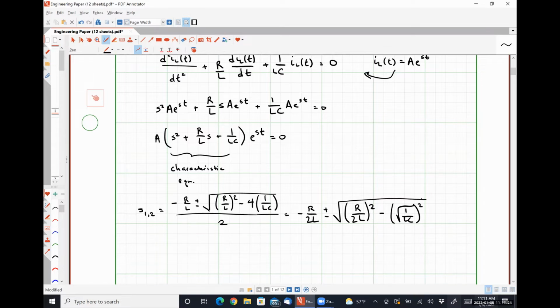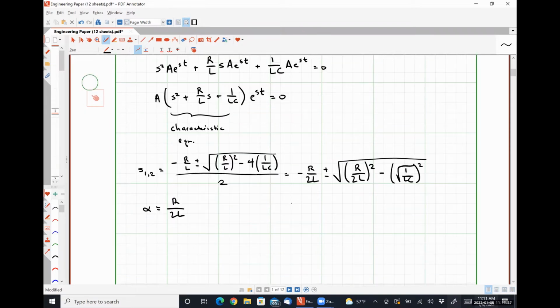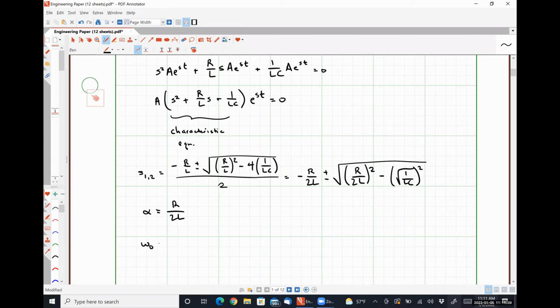So I've effectively made it look like the same form. We can easily identify then that for our series RLC circuits, alpha is simply R over 2L, and omega naught is again the square root of 1 over LC.